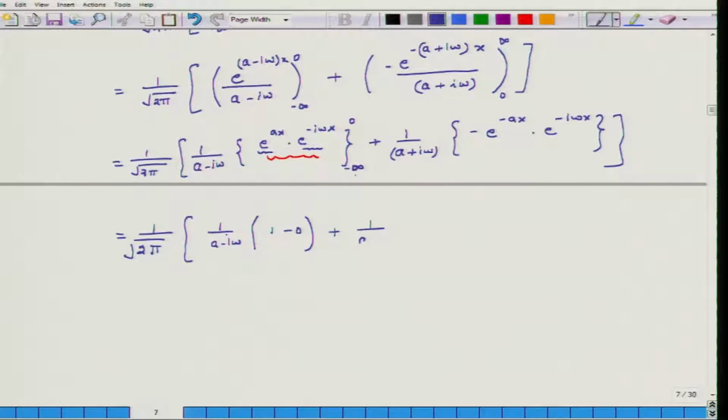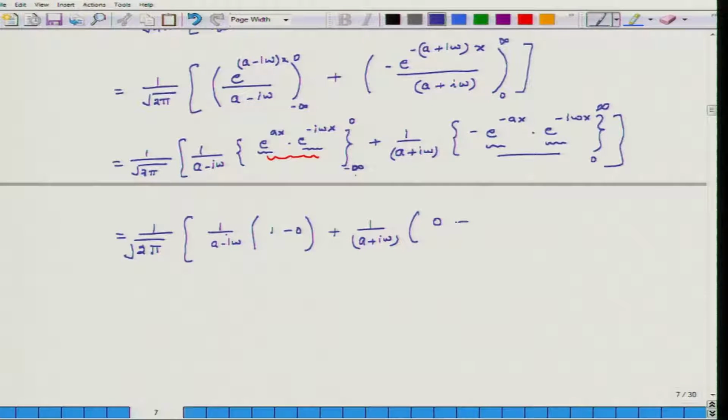Plus 1 over a plus I omega, and then again I have to evaluate from 0 to infinity. So, as x becomes infinity, this term becomes 0, and this term fluctuates between positive and minus 1, so the multiple of these two becomes 0, and then we evaluate this entire expression at x equal to 0.